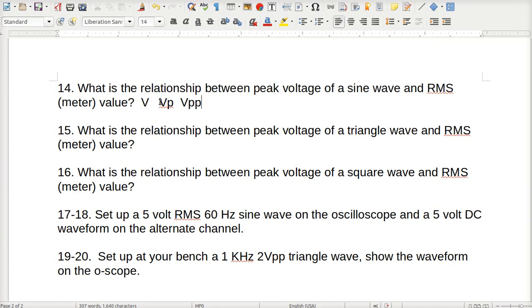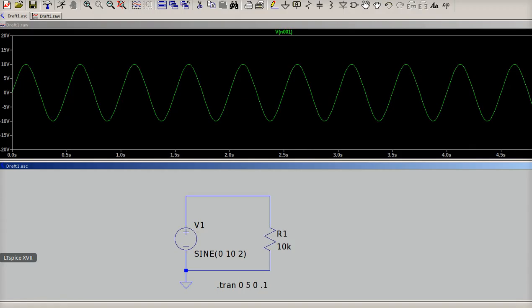Alrighty. So what's the relationship? Well, I told you very carefully, and I was very careful with my words for a reason, that for a sine wave, a 10 volt peak sine wave would read about 7.1 volts RMS.